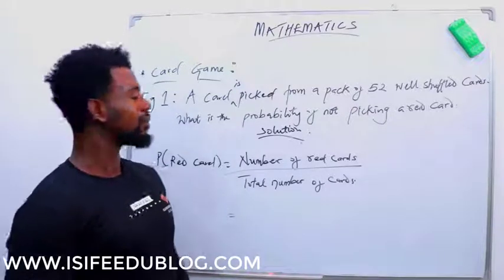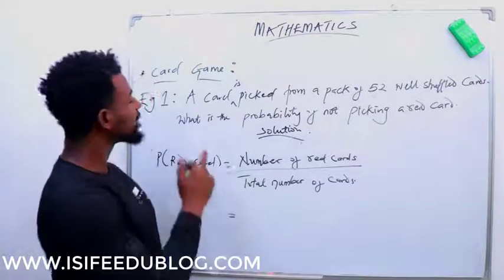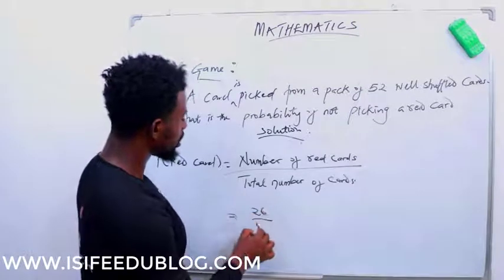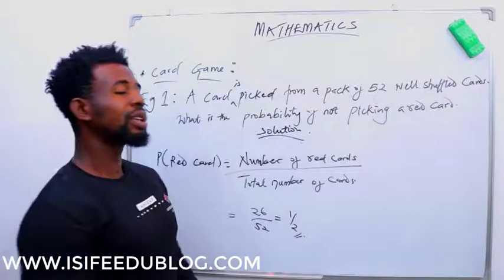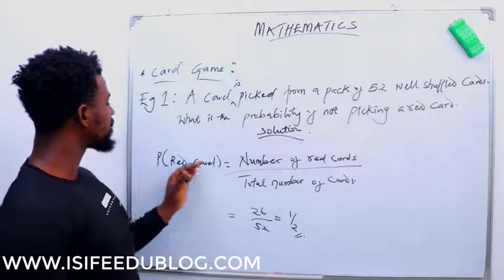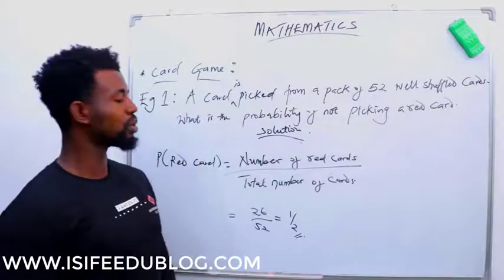And we say that the probability of picking any color under card games is what? 26 all over 52, which is equal to 1 over 2. So the probability of picking any color is 1 over 2. Which means the probability of picking a red colored card is 1 over 2.